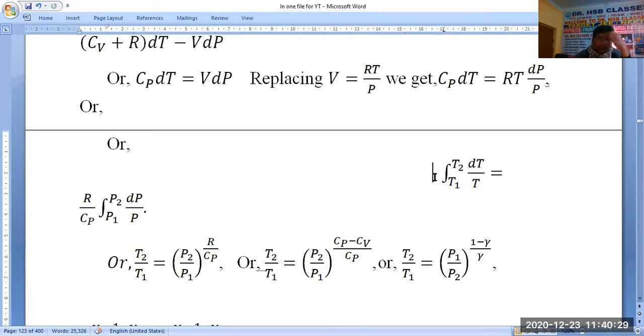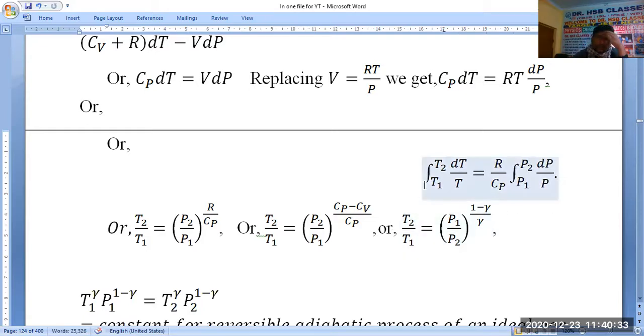Integrating, T1 to T2 dT by T equal to R by Cp times integration P1 to P2 dP by P, and here ln T2 by T1 and here ln P2 by P1.